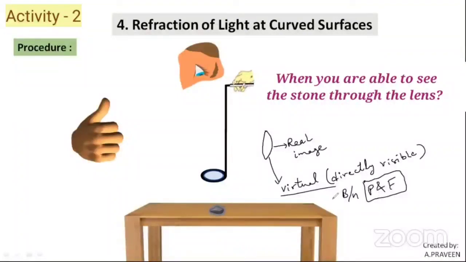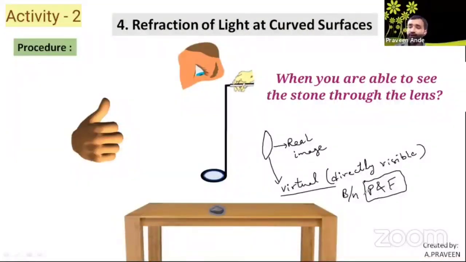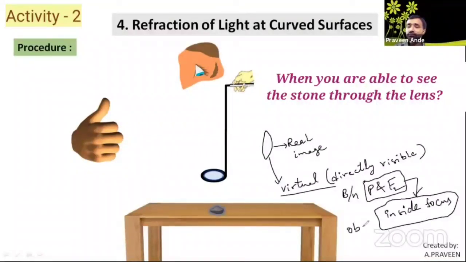See here, when the object is placed in front of a lens between the pole or optic center and the focus, then you are able to see it. Simply, you can express this as inside the focus. Then it forms a virtual image. The object should be inside the focus.